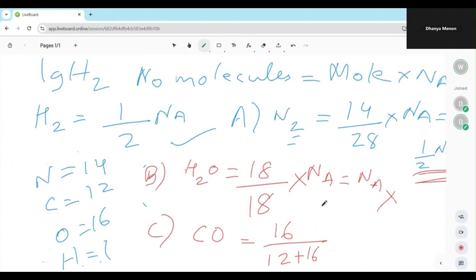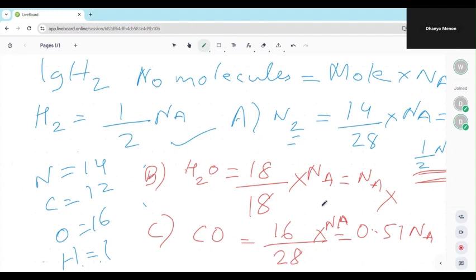That comes to 28. So this is 0.57 Na. This is also not our answer. I'm just rubbing off the wrong answers for now. So B and C are not our answer.